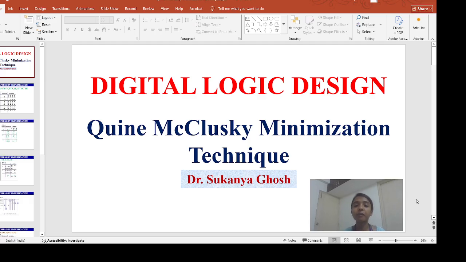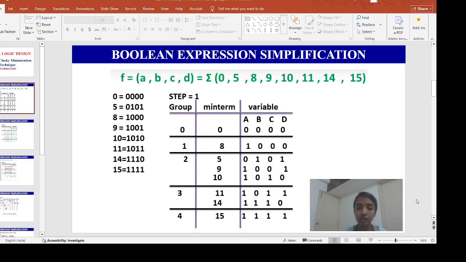When the number of variables in the Karnaugh map method goes up to 5 variables, it is still okay, but when it becomes 6 variables or more, it becomes very difficult to simplify the Boolean expression. So in order to reduce that complexity, a new method has been introduced, which is called Quine McClusky minimization technique.